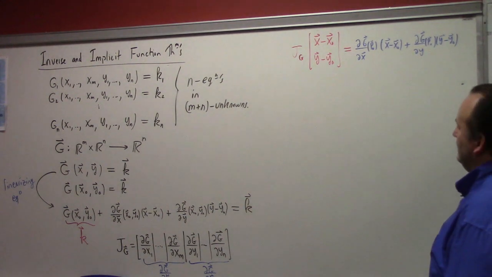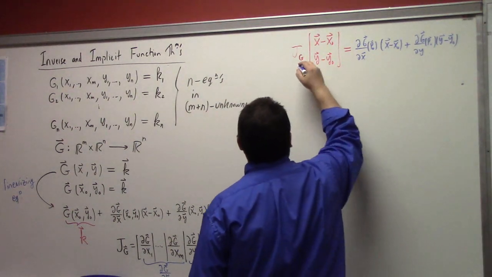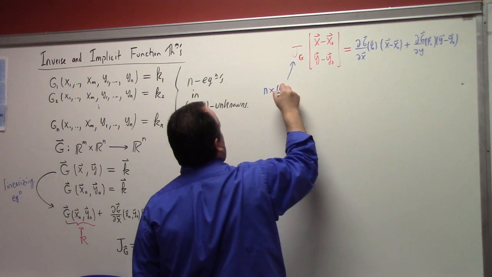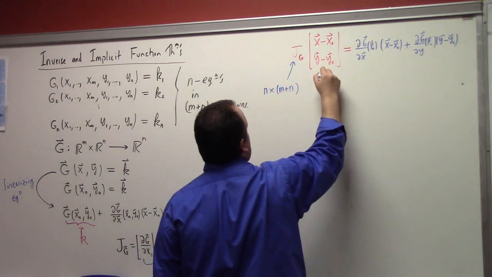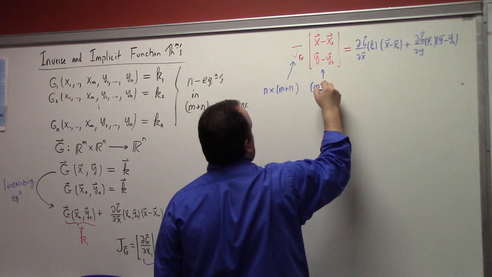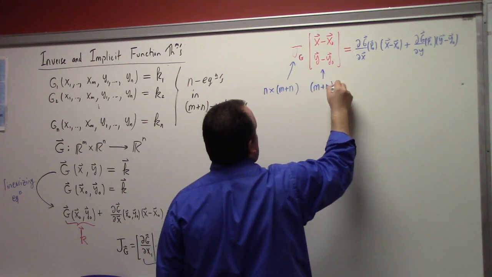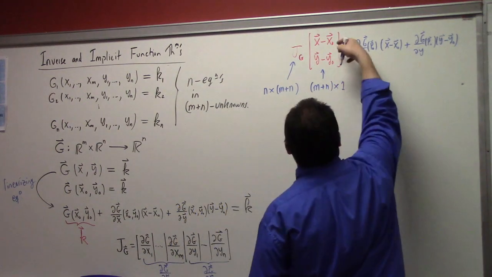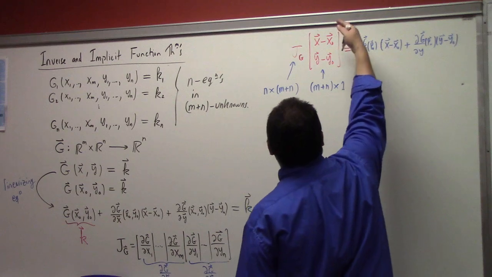Let me just try to explain what's going on here. This is an n by m plus n matrix. This right here is an m plus n by 1 vector, because you've got m for x, you've got n for y, and you're stacking them.